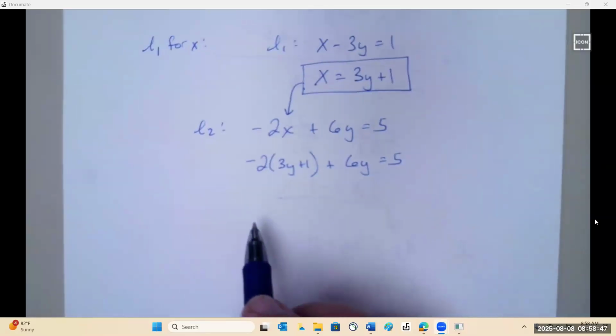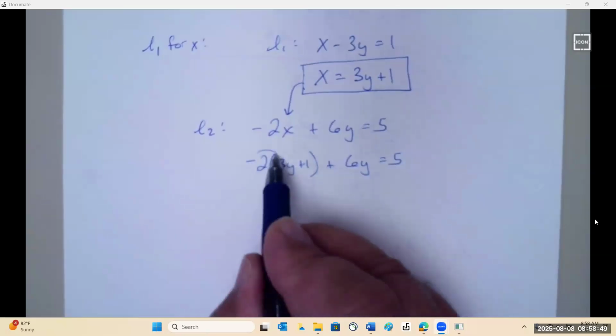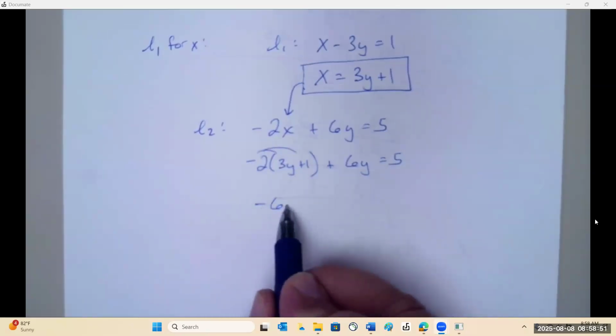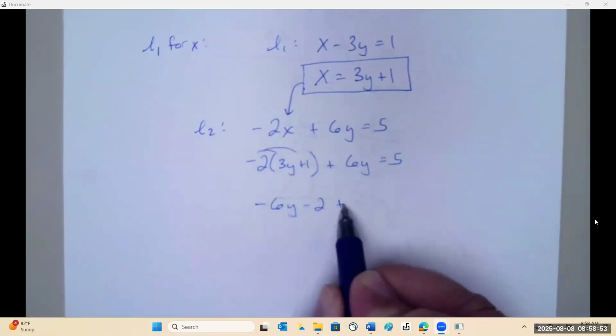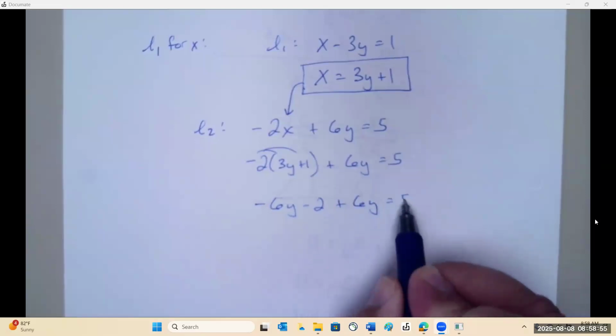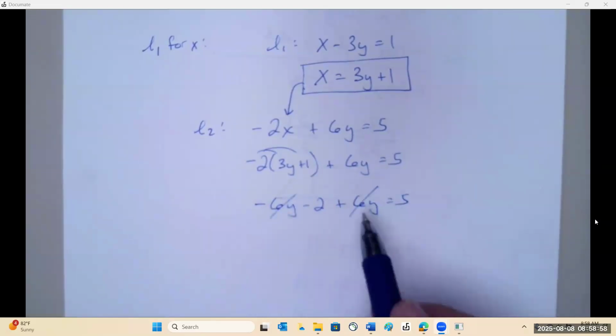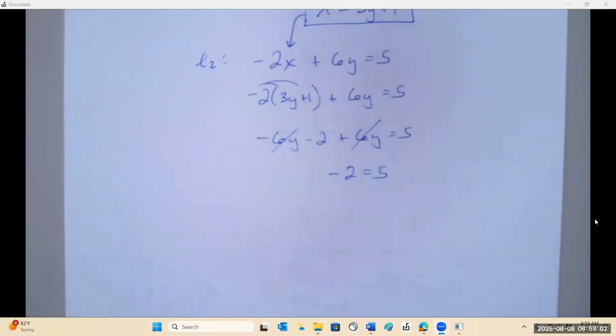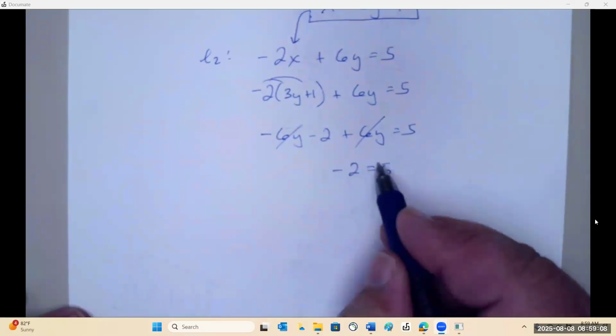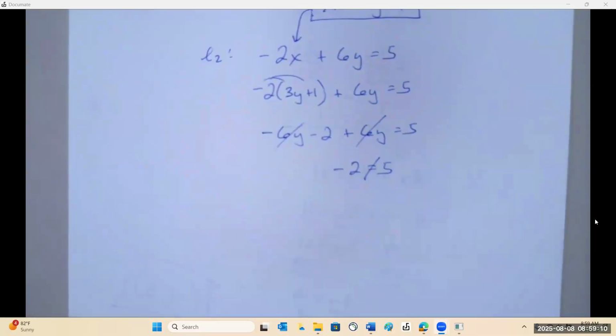Now what? And then, so -6 and 6 cancel. Uh-oh. Is -2 equal to 5? So what does that mean?